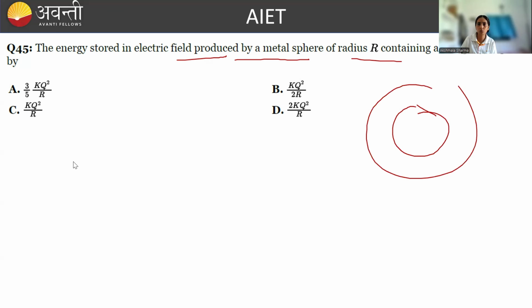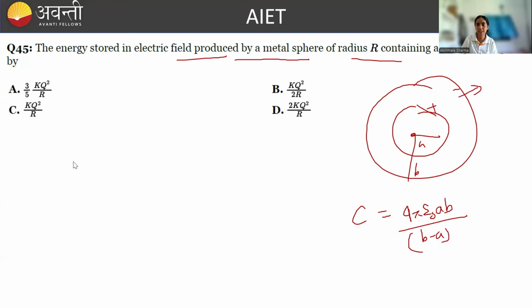If there were two spheres, one having positive and one negative charge like this, its radius was A, this one's radius was B. I told you capacitance is 4 pi epsilon naught AB divided by B minus A. And I also told you what if the outer spherical shell has radius tending to infinity. In that case, I didn't do that, but I told you to do that.